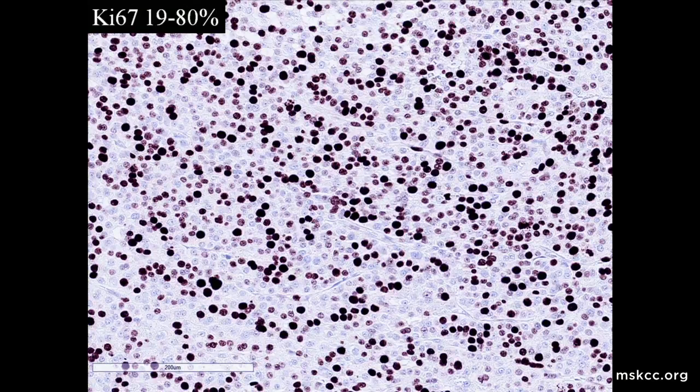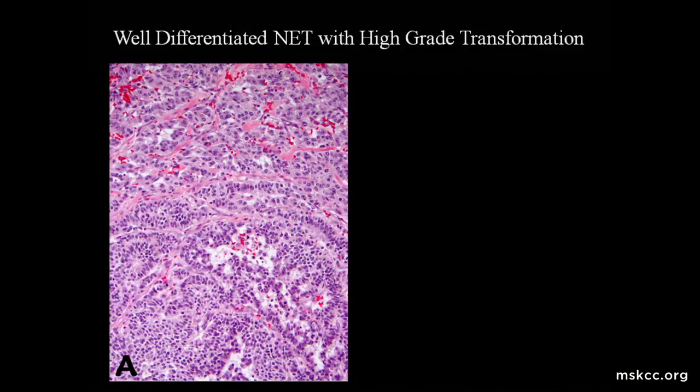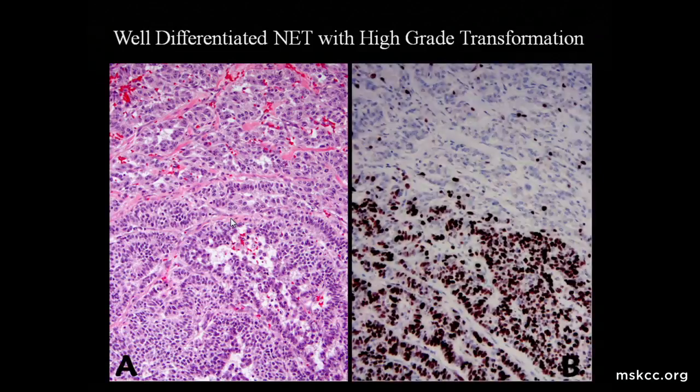So we thought about the possibility of a phenomenon we have recently described, which is a well-differentiated neuroendocrine tumor with high-grade transformation. Morphologically, it may be difficult to appreciate the transformation on H&E. However, if you do a Ki-67, sometimes it can be very dramatic.